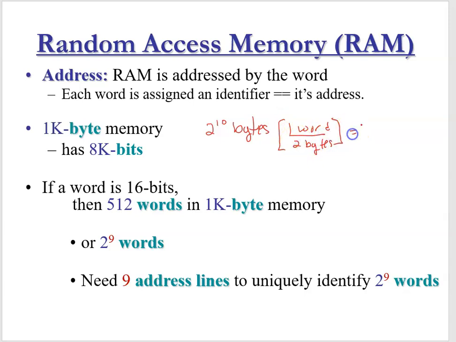So we have 2 to the 10 divided by 2 words, or 2 to the 9 words. So we could work that out. And again, the number of words is what we have to address. So we have 2 to the 9 different combinations. We can get 2 to the 9 different combinations in those 9 address lines. That's how we can uniquely identify each word in the memory.